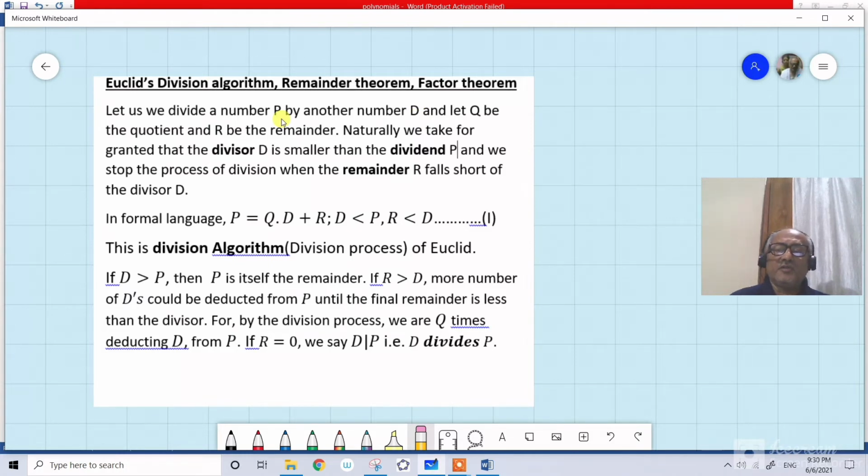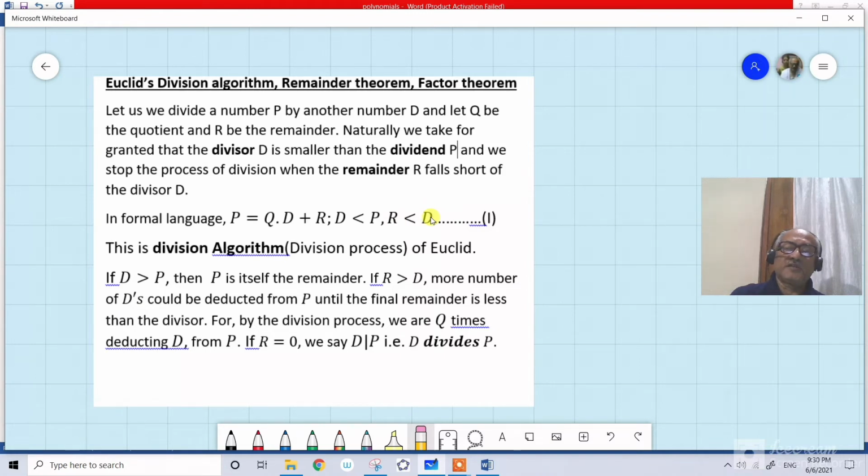You can divide 20 by 5, but we are not allowed to divide 5 by 20 because of fear of fractions. When there are fractions, there is no question of remainder or anything. So Euclid's algorithm is only true for integers. Now, two things we mark: this divisor must be less than the dividend p, and the remainder must be less than the divisor d.